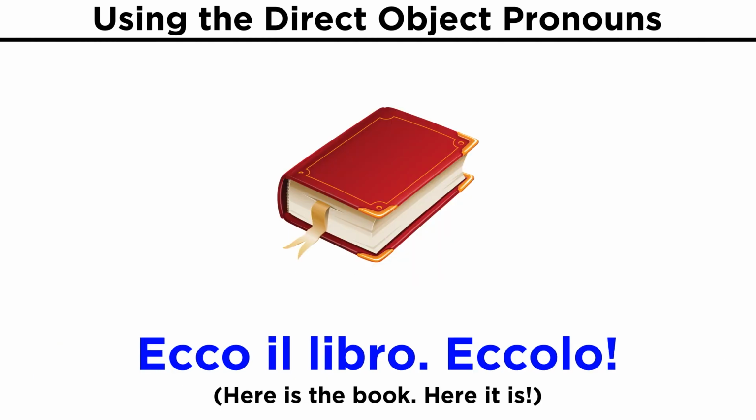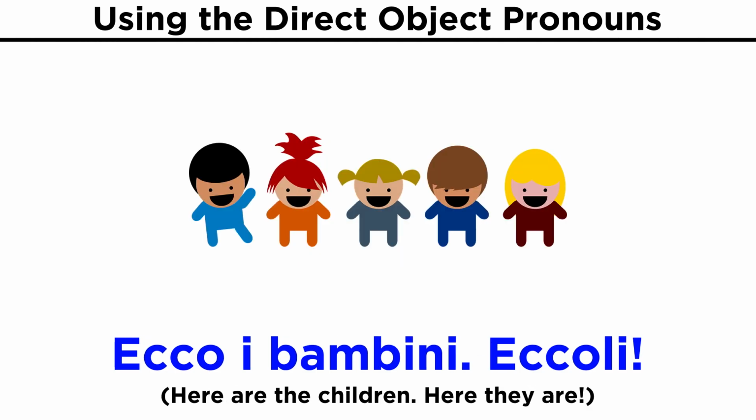With the word ecco, the pronoun is attached at the end. Ecco il libro. Eccolo. Ecco i bambini. Eccoli. There are a few more special cases that we will learn later, but for now, let's stick with what we know and check comprehension.